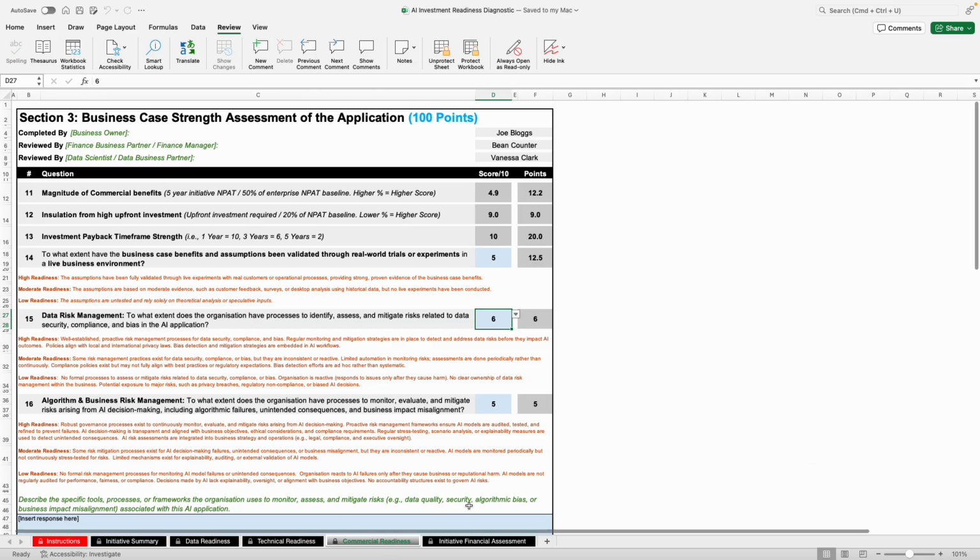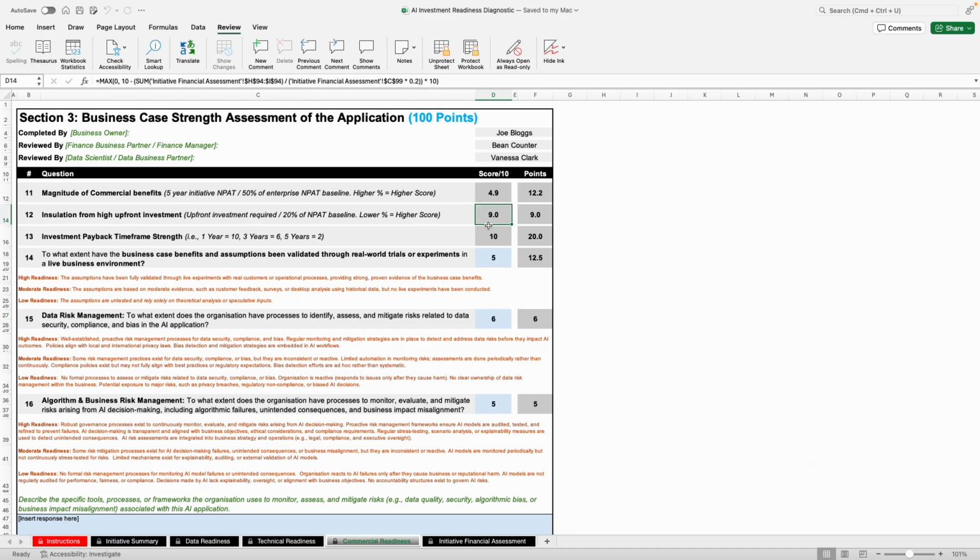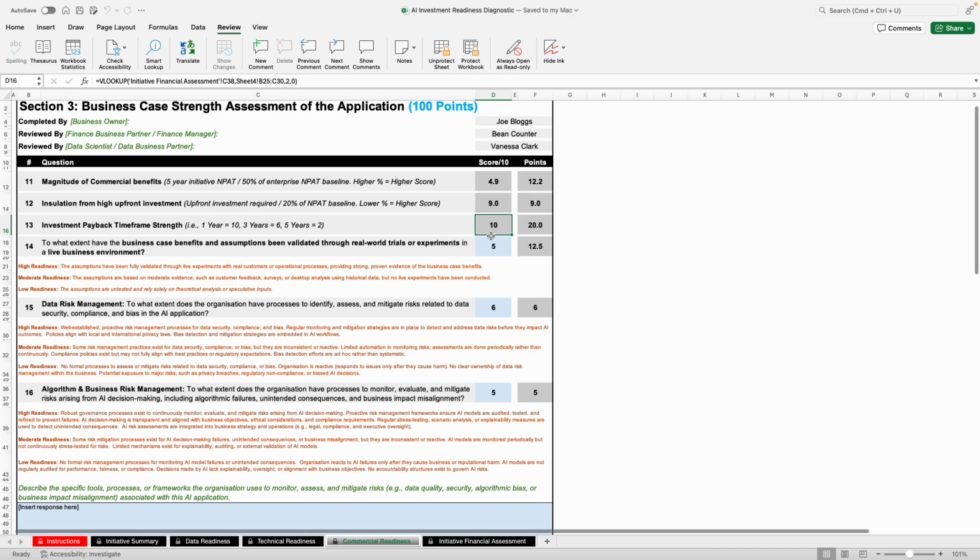This section is to be completed by the business owner with support from a finance business partner. Importantly, the first three questions in this section, questions 11, 12, and 13, are automatically calculated based on the inputs entered in the financial assessment sheet. These include the magnitude of commercial benefit score, the investment payback score, and the insulation from high upfront investment score.